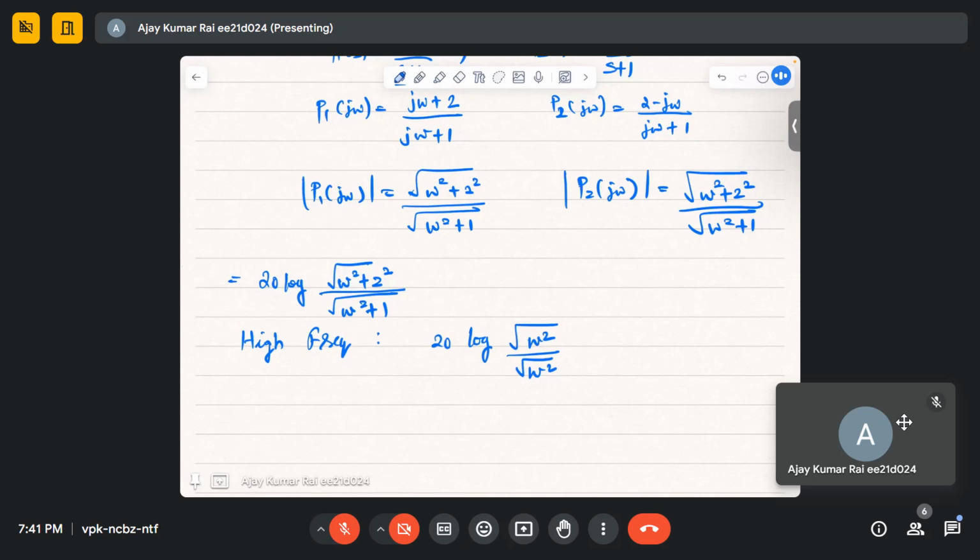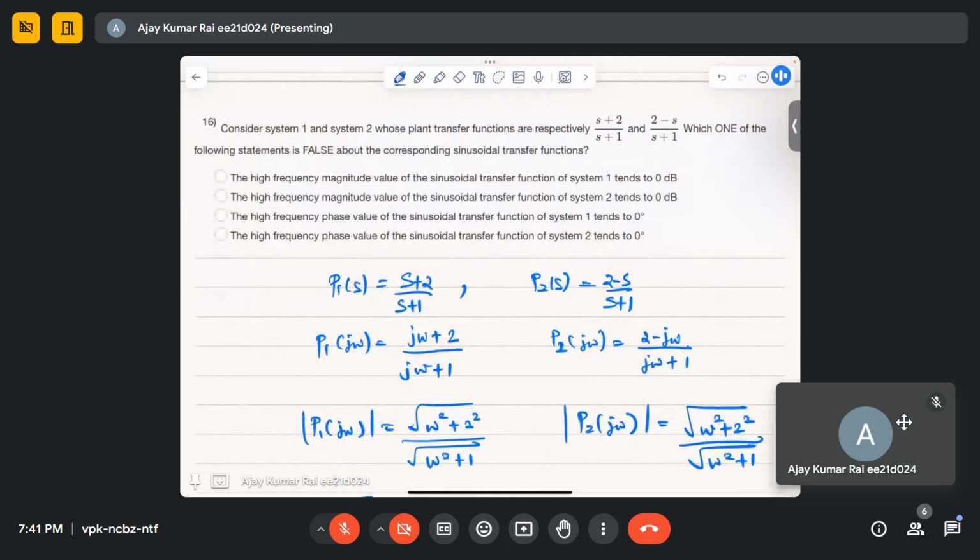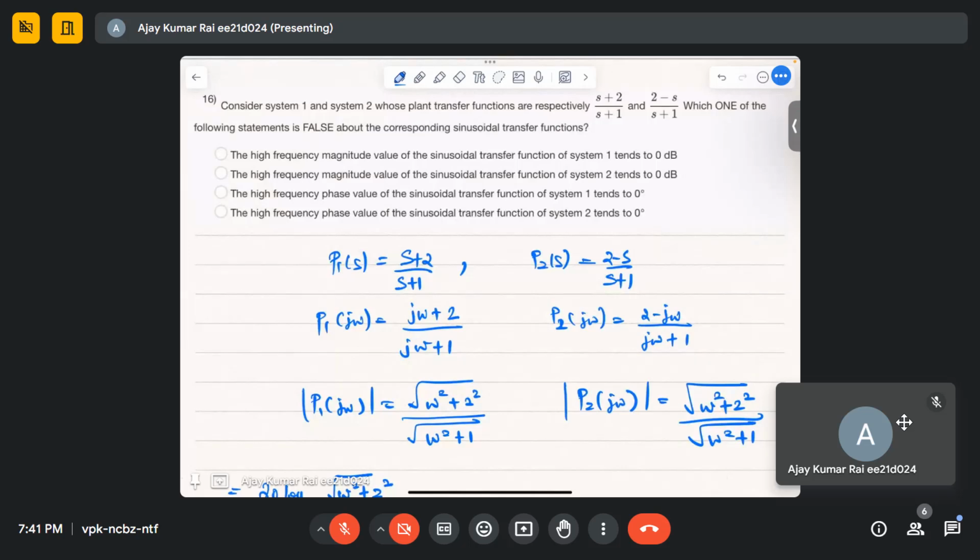So you can neglect 1 and 2. So this is 20 log of 1. You know log of 1 is equal to 0. So this will be 0 dB. High frequency magnitude is equal to 0 dB.